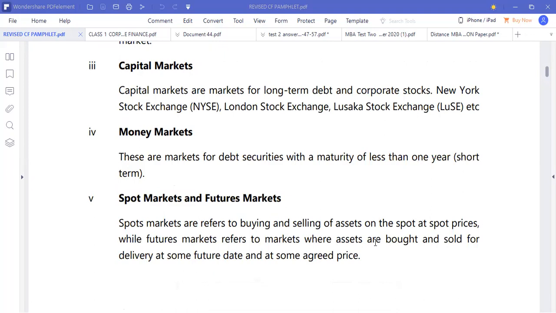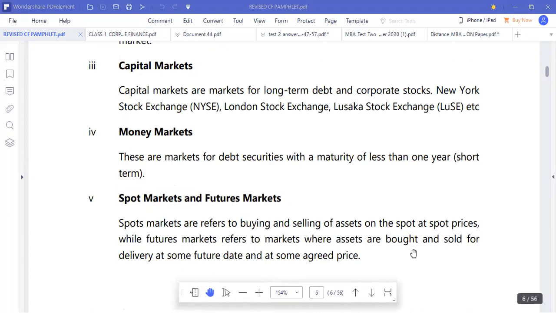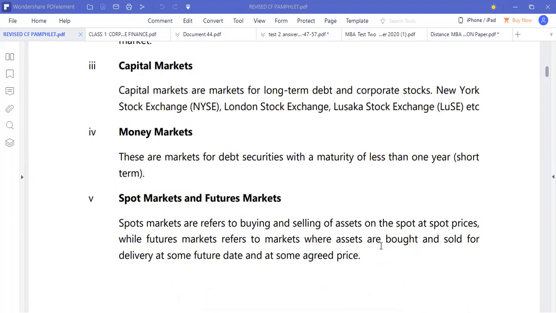When we're dealing with spot markets, we're referring to buying and selling of assets on the spot at their spot prices, whereas with futures markets, we're looking at markets where assets are bought and sold for delivery at a future date. This is usually done to avoid inflation of prices. So you make a futures purchase now, and you agree on the price in case of any fluctuation.